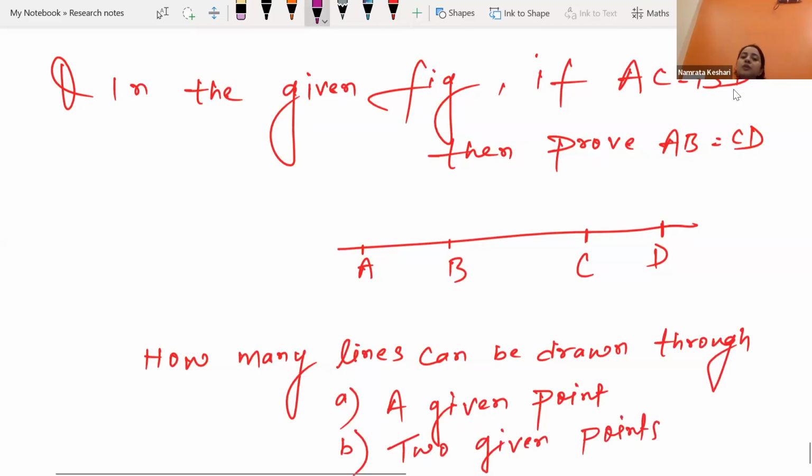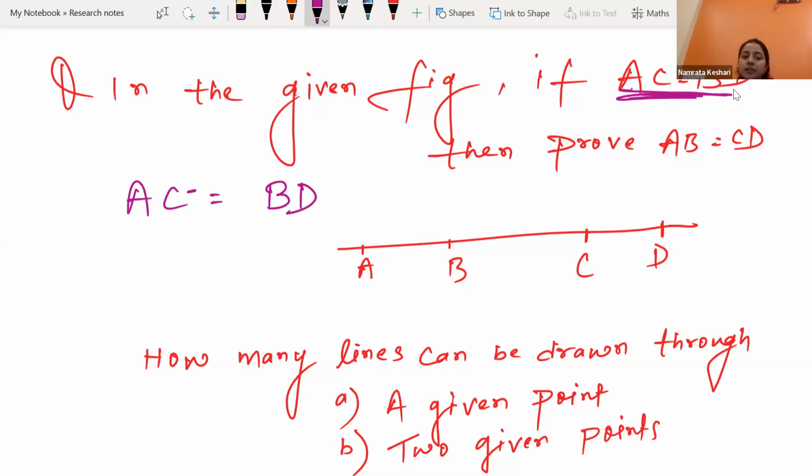Yes, this one. We are given that AC is equal to BD, and from there we have to prove that AB is equal to CD. See, if you are having AC equal to BD, and we need to create AB, we will be subtracting BC from here, and the same BC we will be subtracting from BD as well.